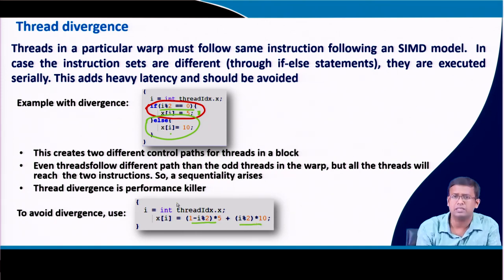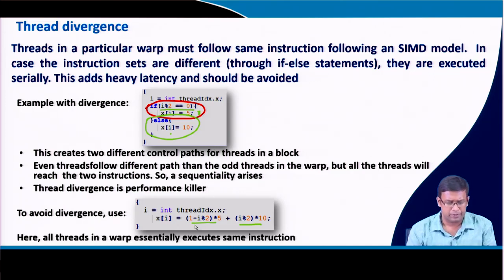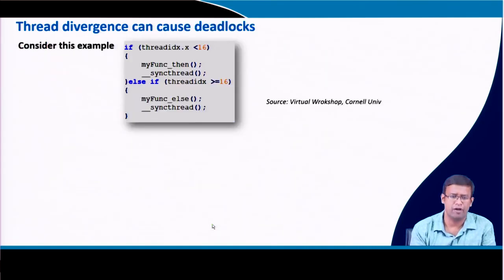You combine this if else statement and modify the program execution accordingly. Here all threads essentially execute the same instruction, but the calculations are different for even and odd. That is not an issue, but none of the threads are waiting or idle.